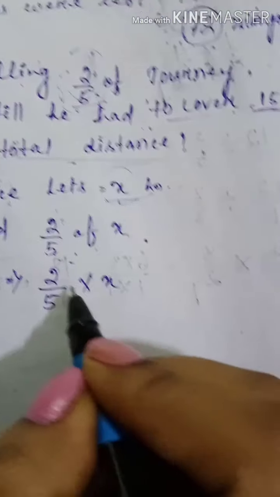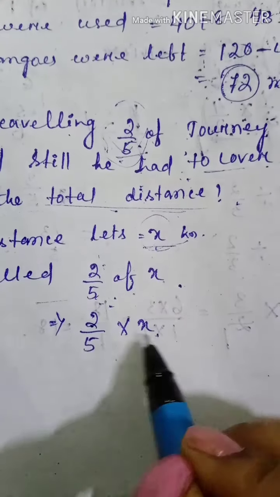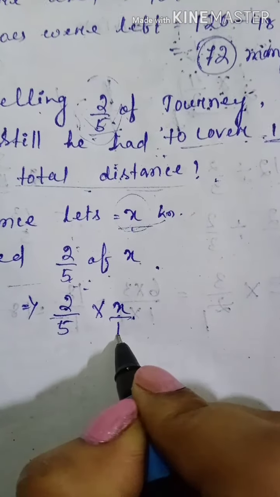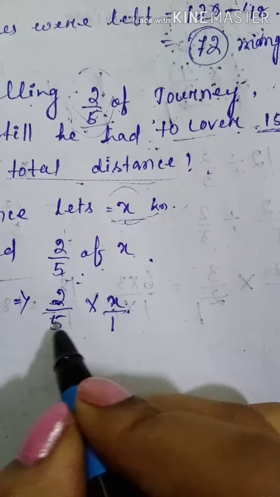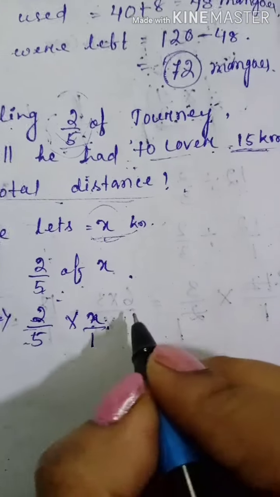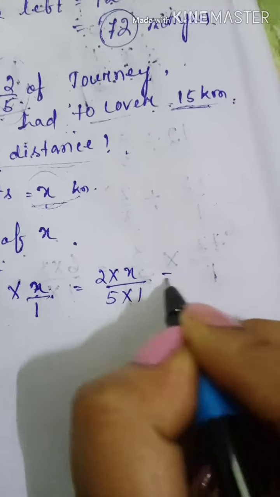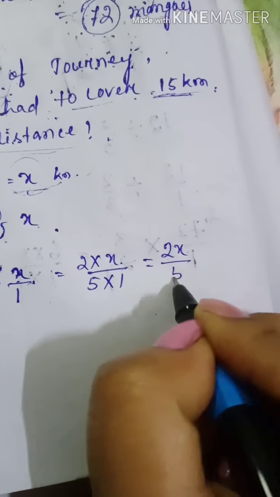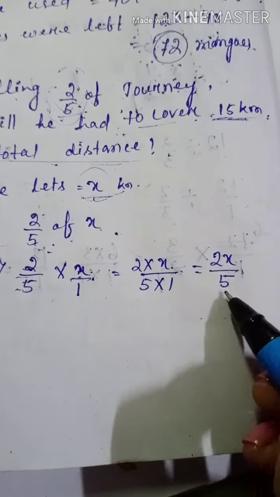But how can you multiply this? In the multiplication method I told, x by 1, we can multiply numerator by numerator and denominator by denominator. So see how I am writing, 2 into x by 5 into 1. 2 into x is 2x, over 5. Means the distance already traveled is 2x by 5.